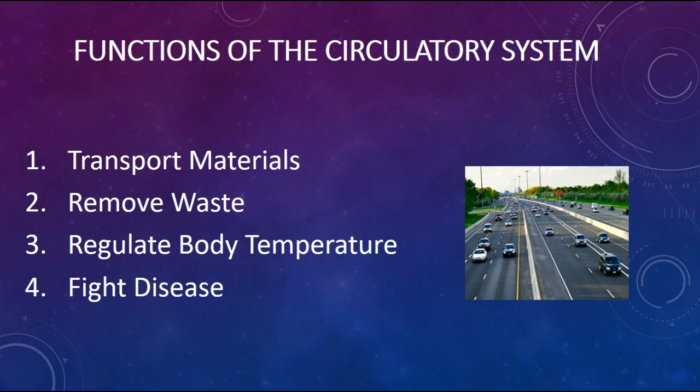And much like a highway takes a car from one point to another, the blood vessels of the circulatory system transport these different materials from one part of the body to another.